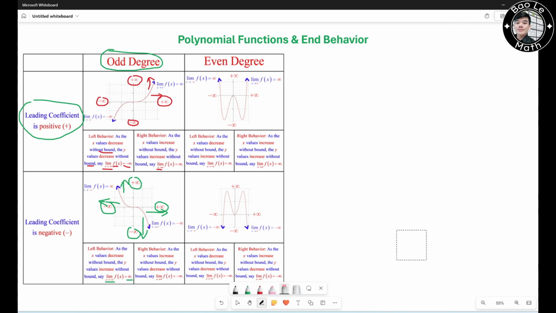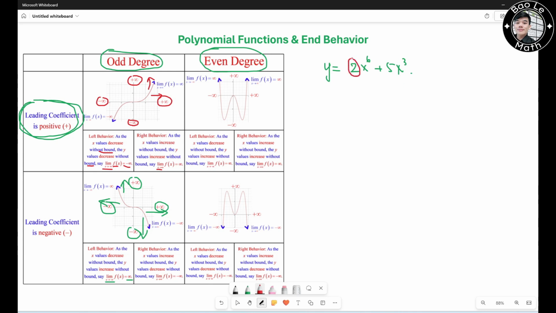In the third case, we're going to talk about when the leading coefficient is positive and the function has even degree. For example, you have y equals 2s to the power of 6 plus 5s to the power of 3. Don't worry about this term; you only worry about this one.